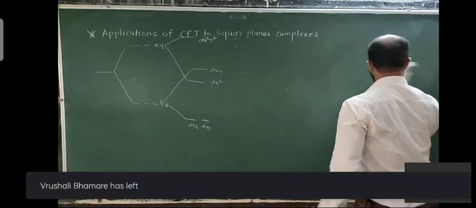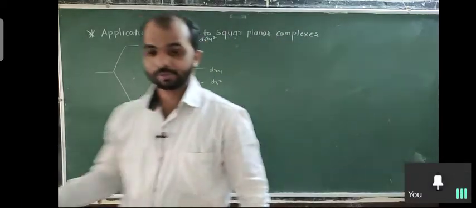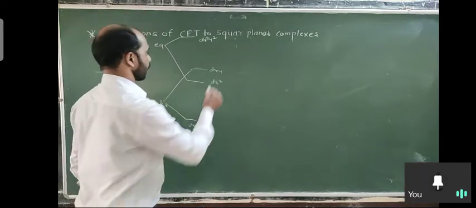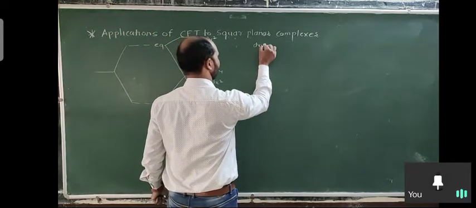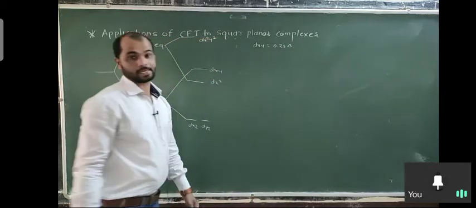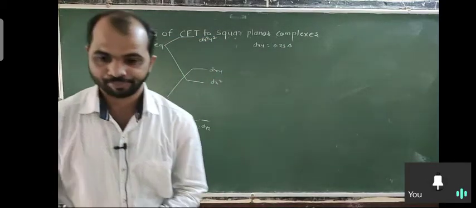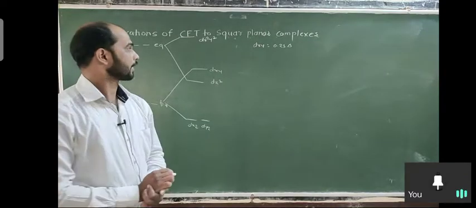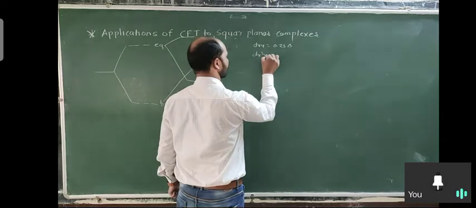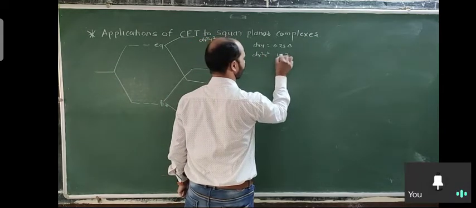So the CFSE given for the different orbitals is different. For dxy it is 0.23 delta, and for dx²-y² it is 1.22 delta.